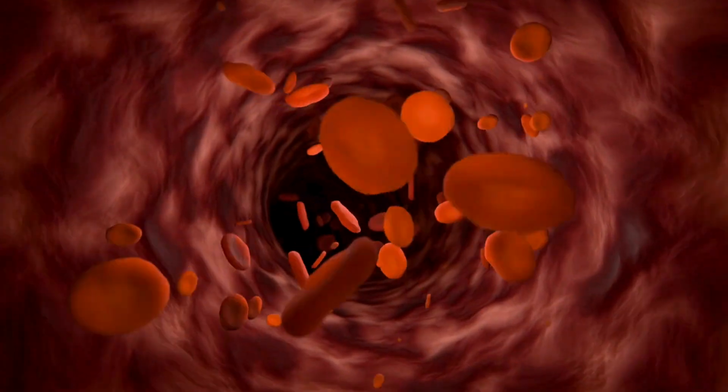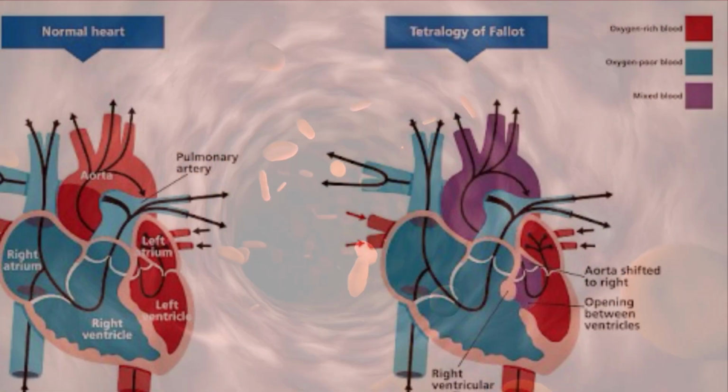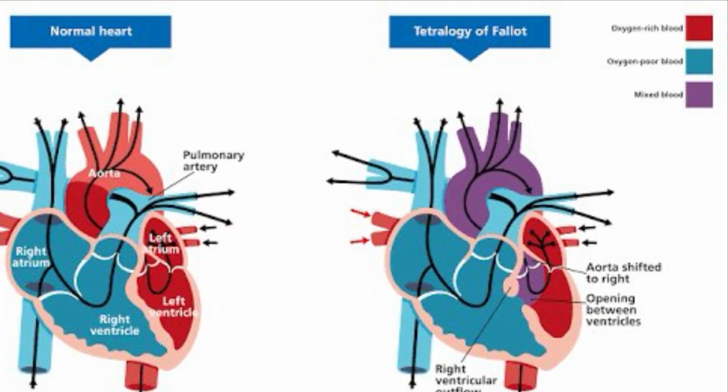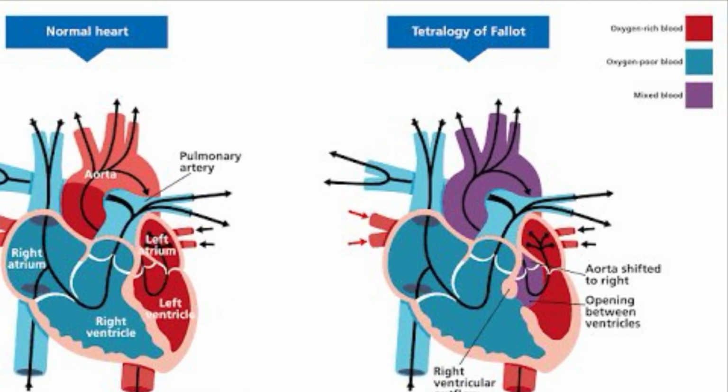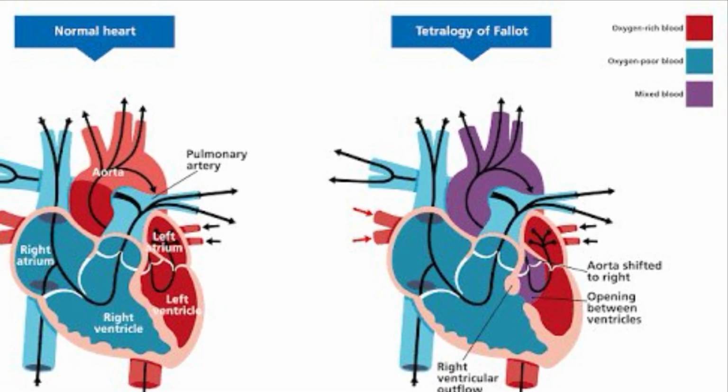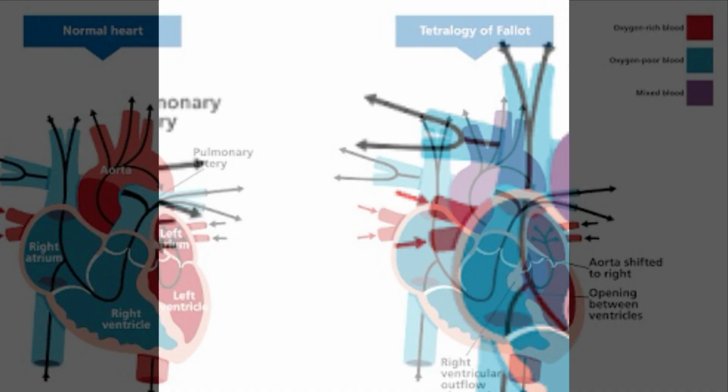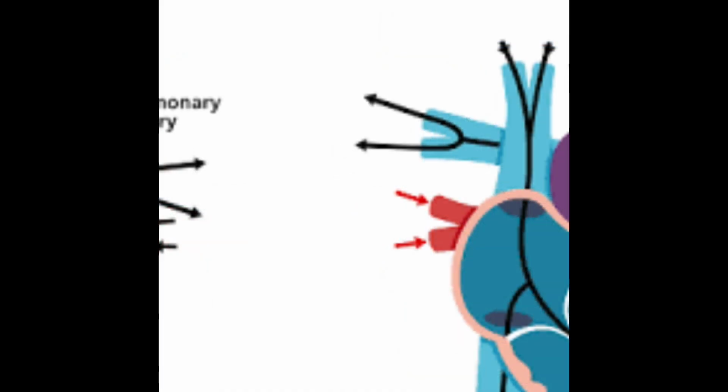What is Eisenmenger syndrome? In Eisenmenger syndrome, a left-to-right shunt overloads the pulmonary circulation and causes increasing pulmonary pressures. When pulmonary pressures equal systemic pressures, the shunt switches to right to left and cyanosis ensues.